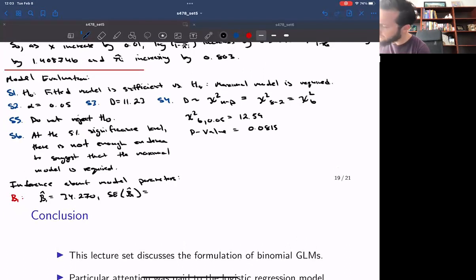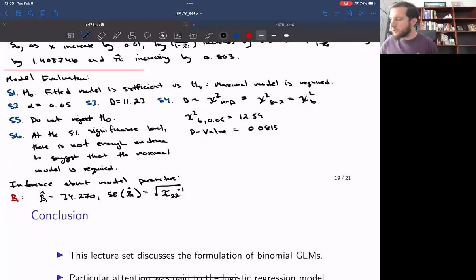And then we can get the standard error of beta 1 hat. So this is going to be the square root of the inverse of the information function. You'll remember that it is the diagonal slot that corresponds to beta 1.